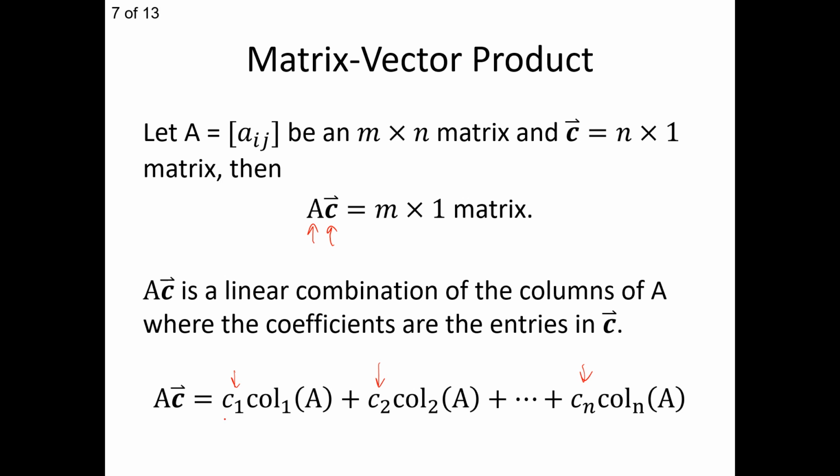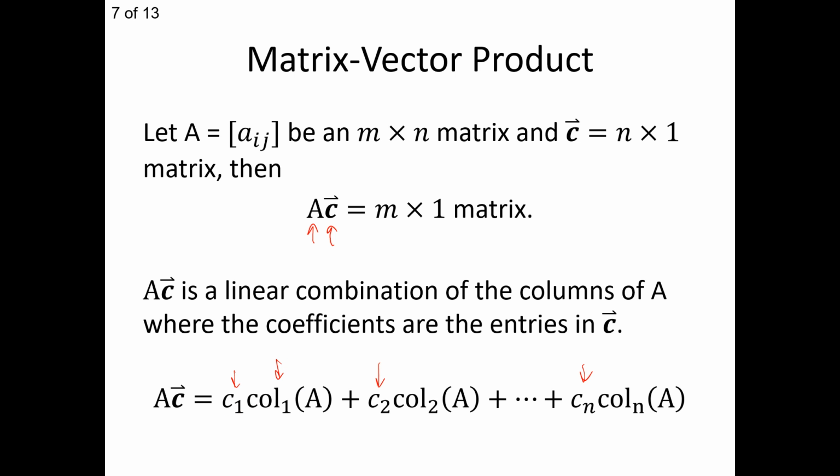So each element inside our n vector, c sub 1, c sub 2, all the way to the very last element, c sub n, will be the coefficients. Then we take apart our matrix A. Because matrix A has n columns, we can pair those in a linear combination with each of the elements in the respective row of the n vector.